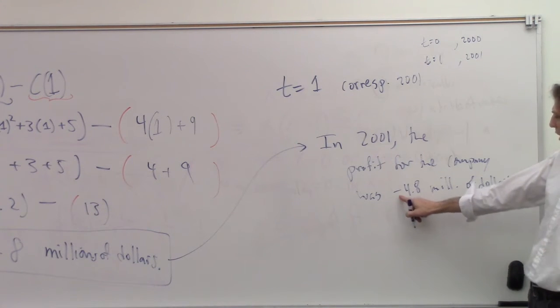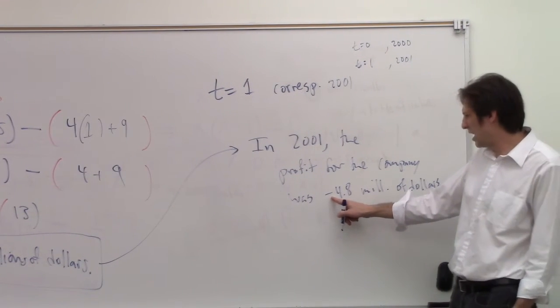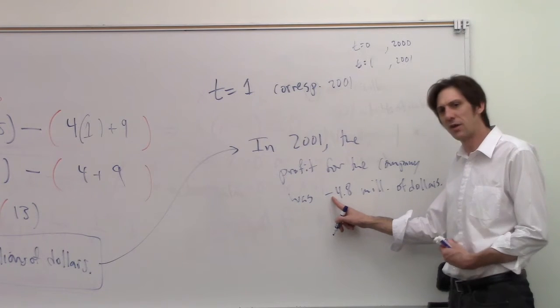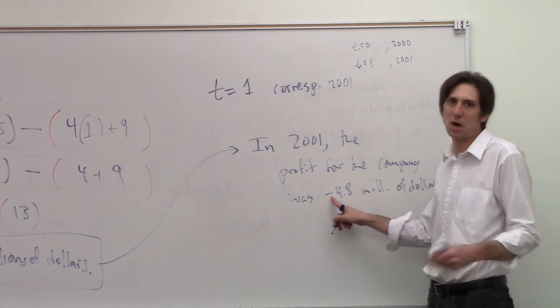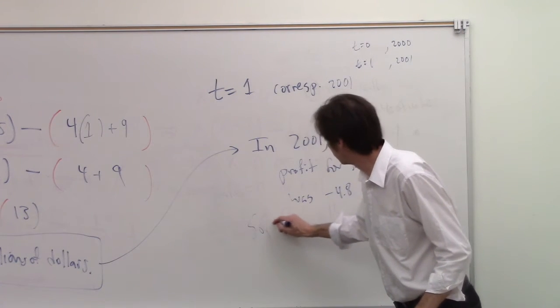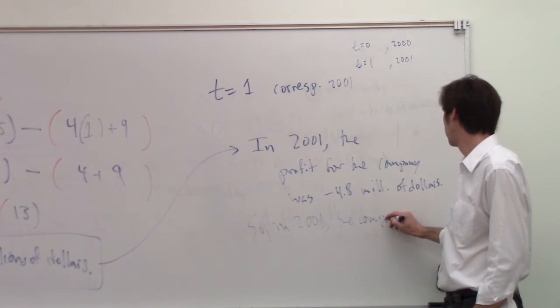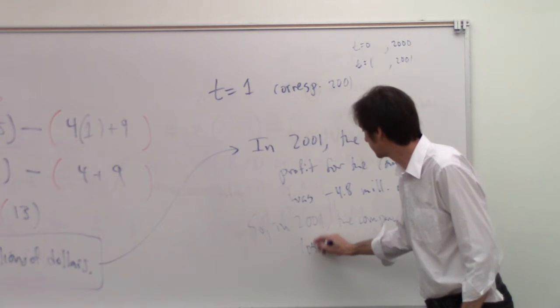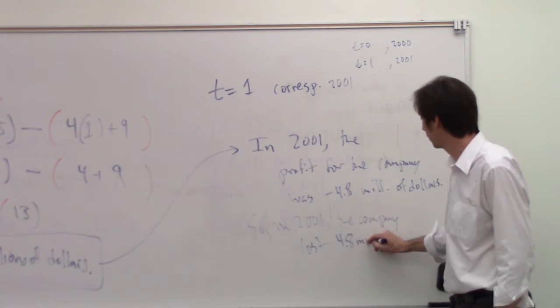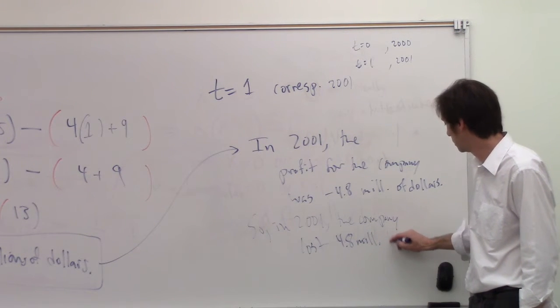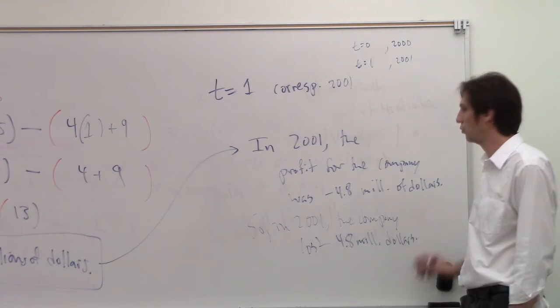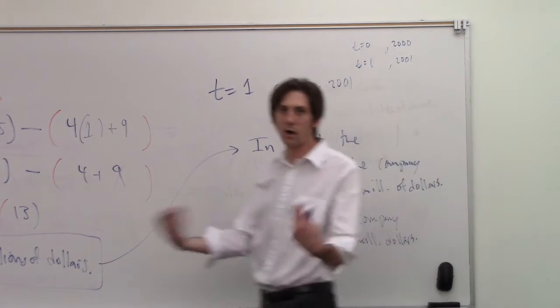It might seem weird that we're getting a negative here, but just keep in mind that the negative is a convention, and what it's telling me really is that the company lost money, right? So in 2001, the company lost $4.8 million in producing whatever the products are in this example.